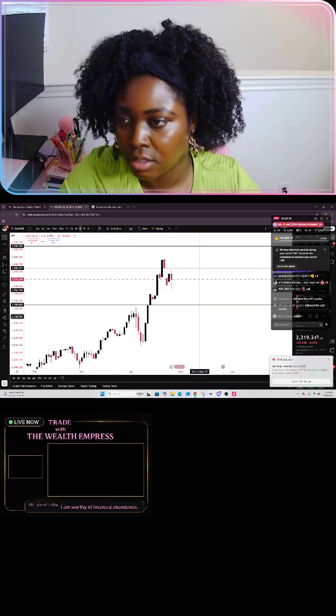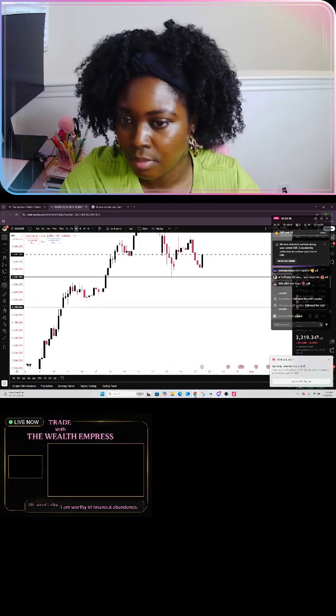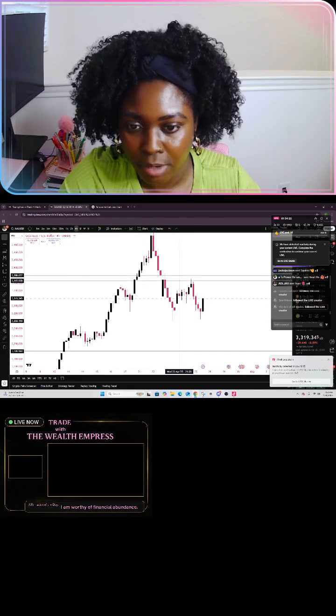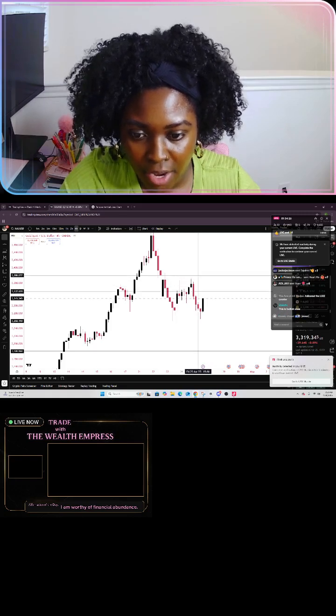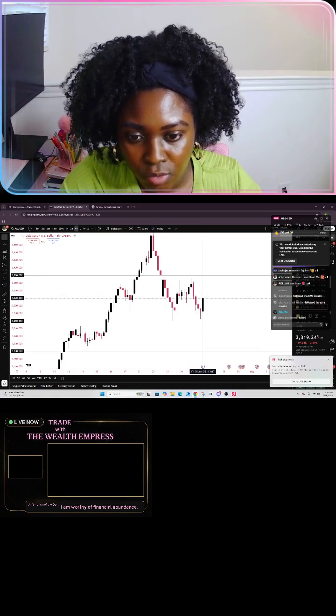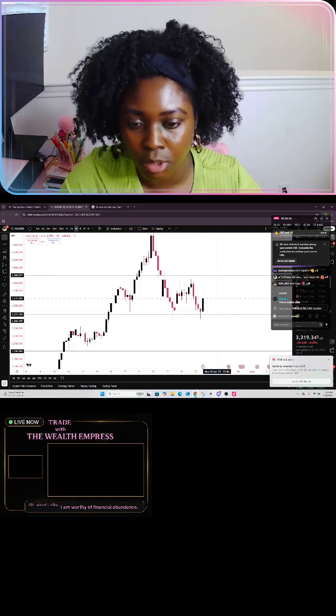All right, let's see. Let's go down to the 4 hour. All right, so after hitting this gap, as you can see, it pushed up higher, gave us a little pullback, it ran that area, and then it came back lower. Friday, it ended with this really bullish candle.